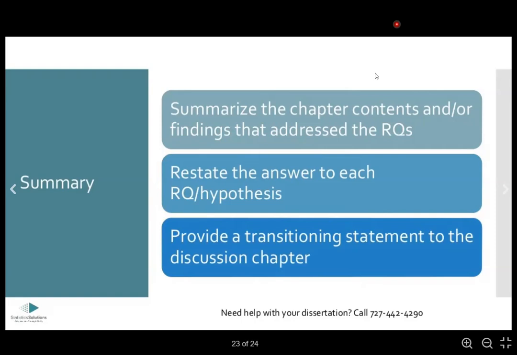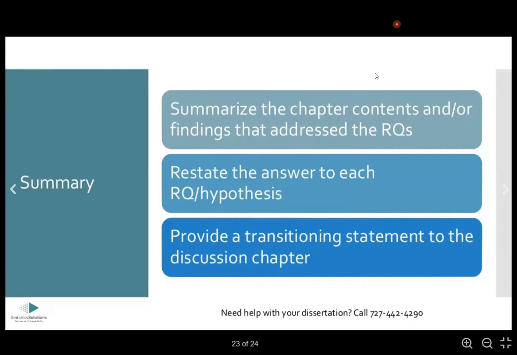So you're going to have to talk about everything in your discussion, of course, but here you may want to call out specific results that are maybe more relevant to the current literature, or maybe if you found a novel finding, you may want to highlight those a little bit more to build the foundation to really expand on what this means for your field or what this means in the context of your study in the discussion section.